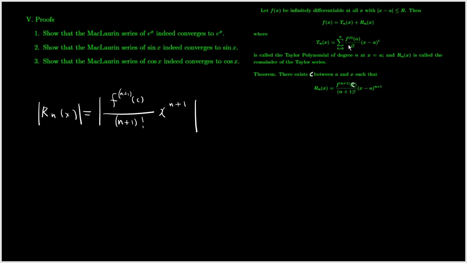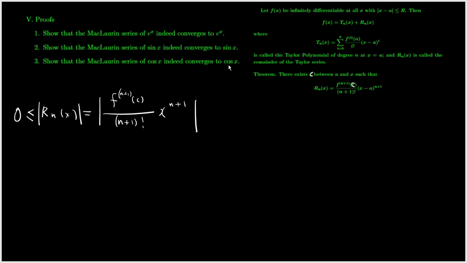The absolute value is always greater than or equal to 0, so it's that. Now we are going to make this term a little bit larger, but not too large. We want the limit to be equal to 0, so that's the idea.